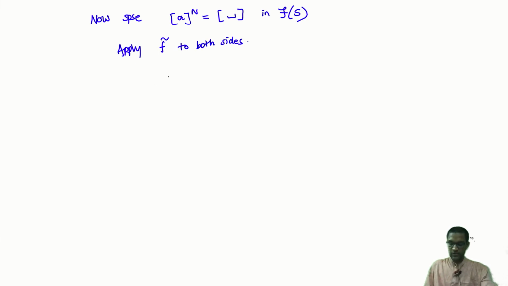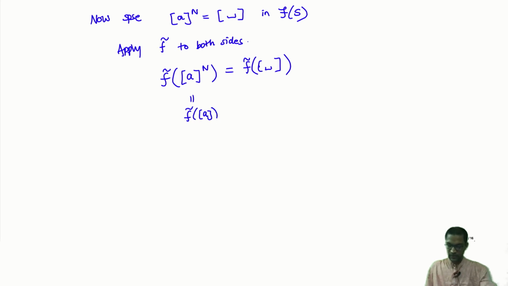We have to use the fact that f tilde is a homomorphism. So f tilde of A power n equals f tilde of the identity. On the left hand side, f tilde of A power n, because it is a homomorphism, is the same as f tilde of A, the whole thing power n, which in turn is just A power n.